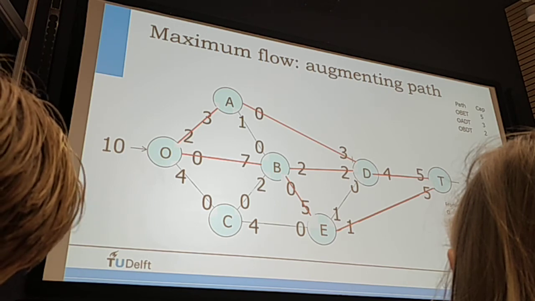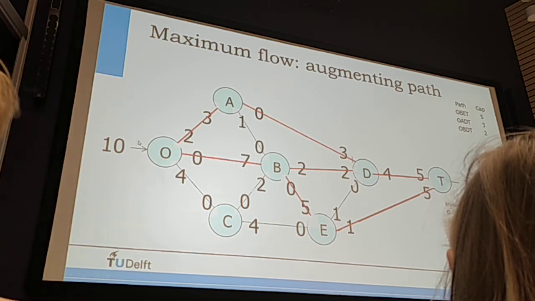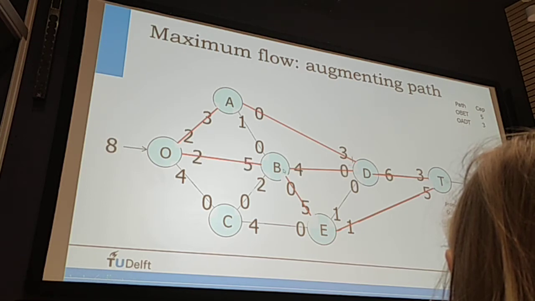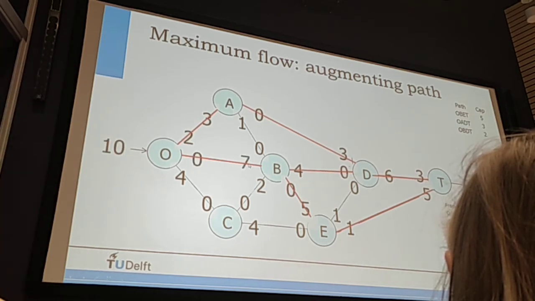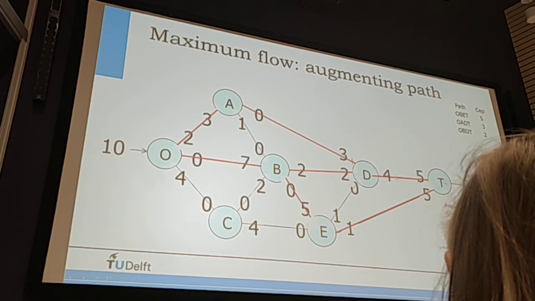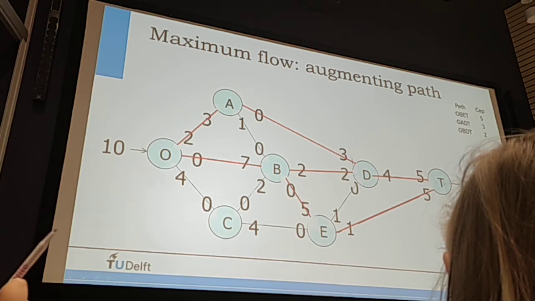In this case, we went from OBDT, flow 2, so we have 2 remaining. So we have 2 remaining here, 4 here, 6 here. So OBDT has a maximum amount of about 2, which we can allocate to it. Again, we adapt the values, and now we have a flow of 10. So we keep track of the paths we actually put in.